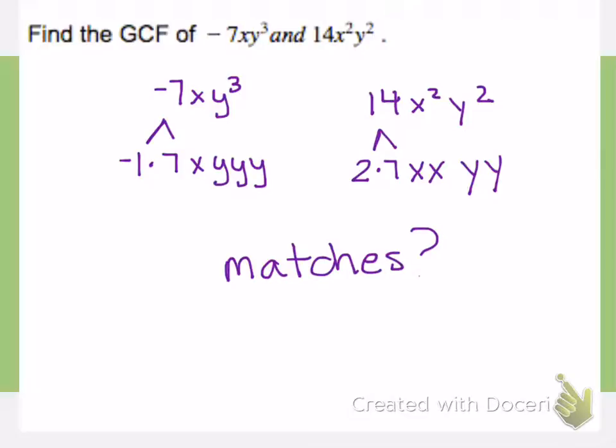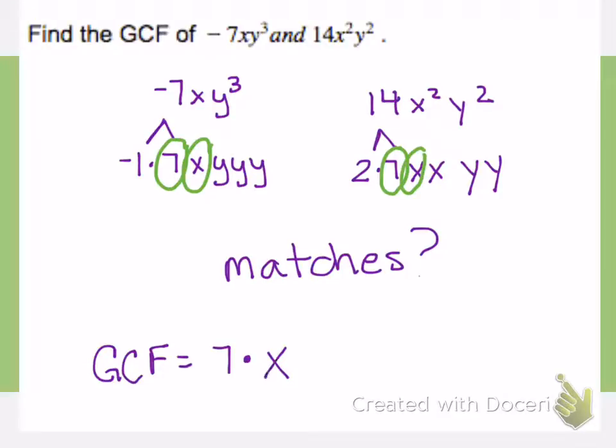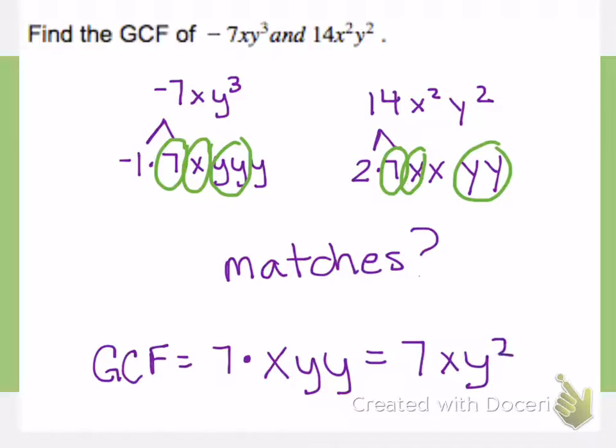So what they have that matches is they have a 7, and so that goes into my GCF, times, and again, I look for what else matches. They both have a factor of x, and so that goes into my GCF. And they both have 2 factors of y, and so 2 factors of y go into my GCF. And so my greatest common factor is 7xy squared. And that's your GCF.